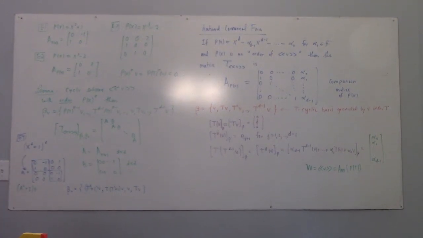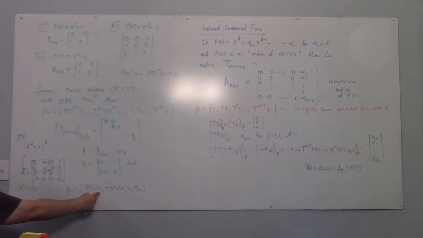Because the first column of the matrix of T should come from T acting on the first thing in the basis. So when I convert over to the matrix, I have to look at, this becomes A squared plus I acting on V.